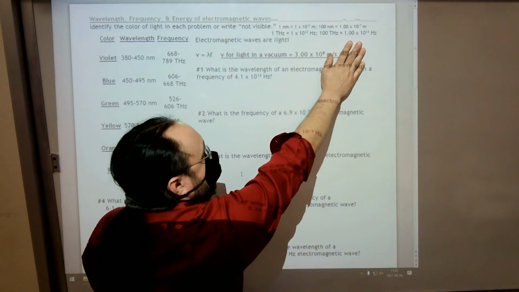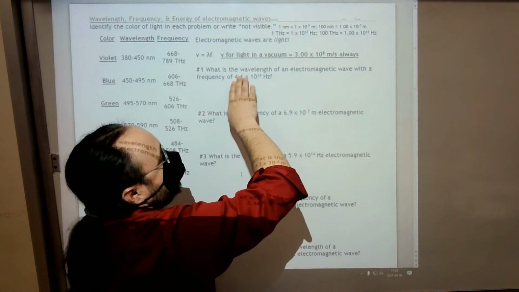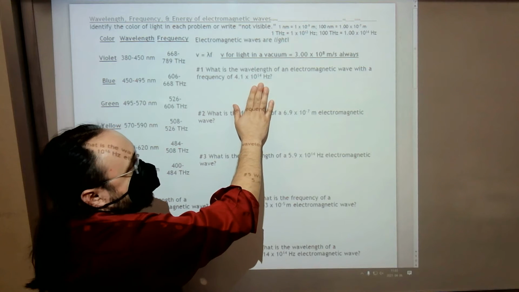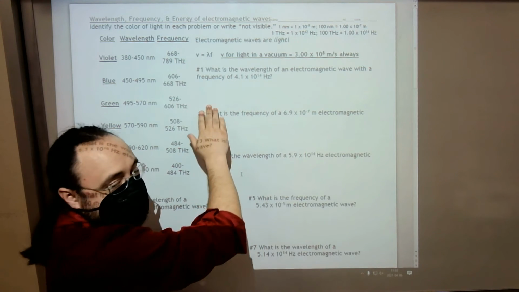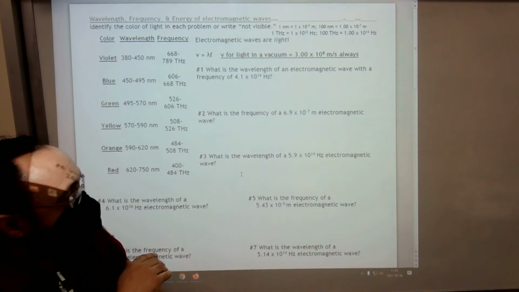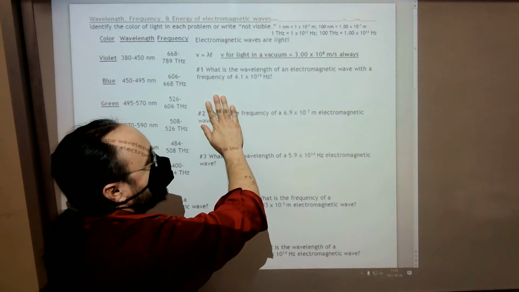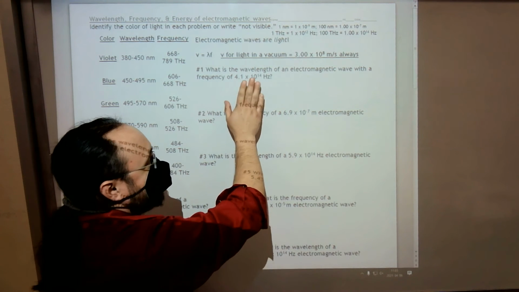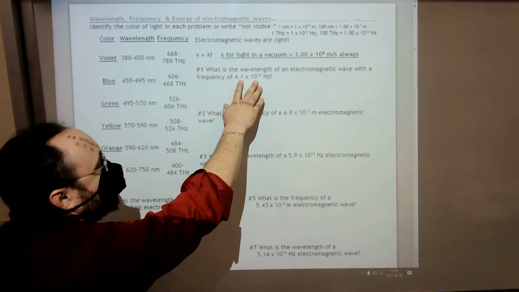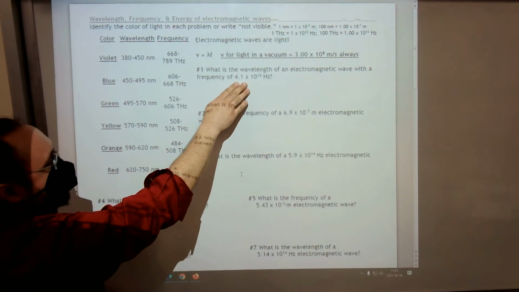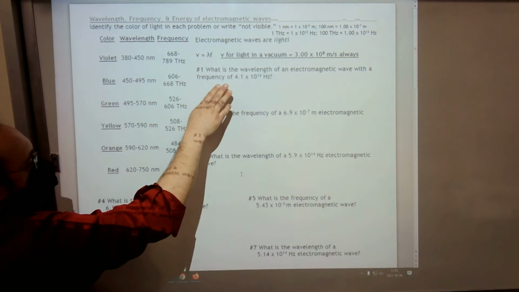So if 1 times 10 to the 14 hertz is 100 terahertz, this 4 times 10 to the 14 hertz would be 400 terahertz. Does that make sense? And 4.1 times 10 to the 14 hertz would be 410 terahertz. And that's how we can match this up. So 4.1 times 10 to the 14 is 410 terahertz.